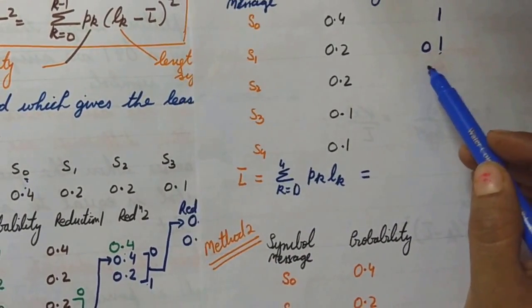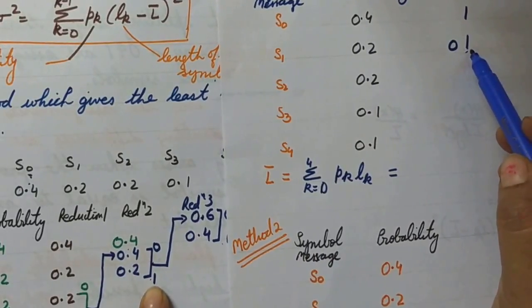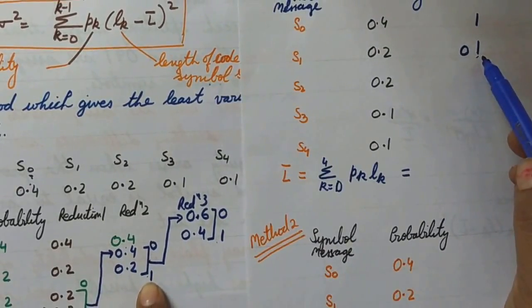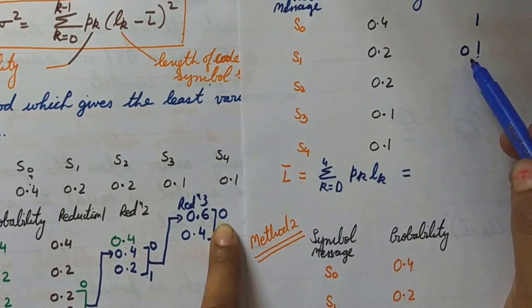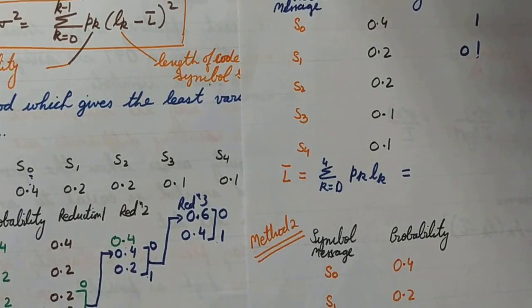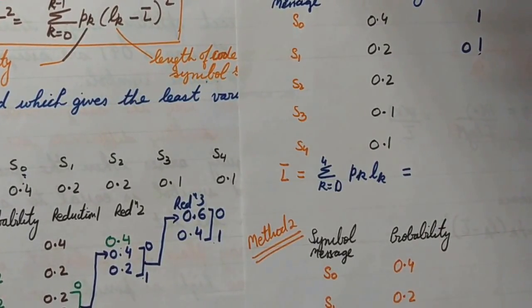As I have got here for S1, I got 1 first, so it forms the LSB, and I got 0 at the last, so it forms the MSB. Just keep this in mind, that when we move from left to right, whatever bits we are getting, we have to write starting from the LSB. The first bit you get is the LSB, and the last bit you get becomes the MSB. So in the order in which you get the bits, you write in the opposite order.